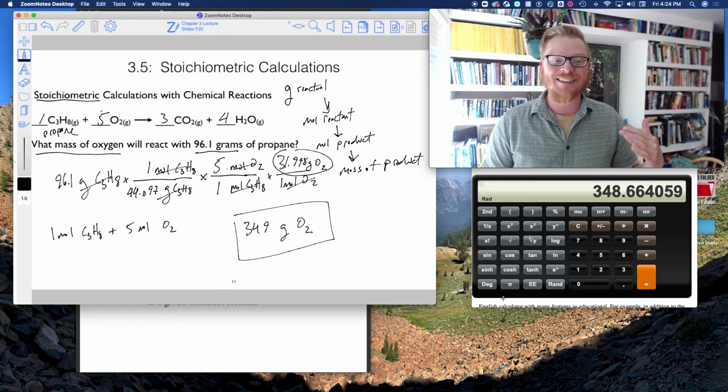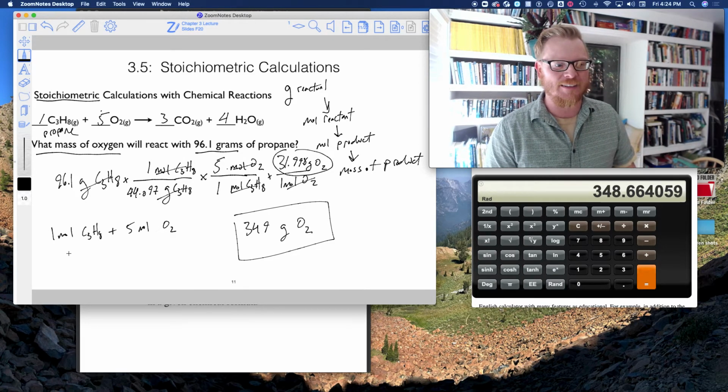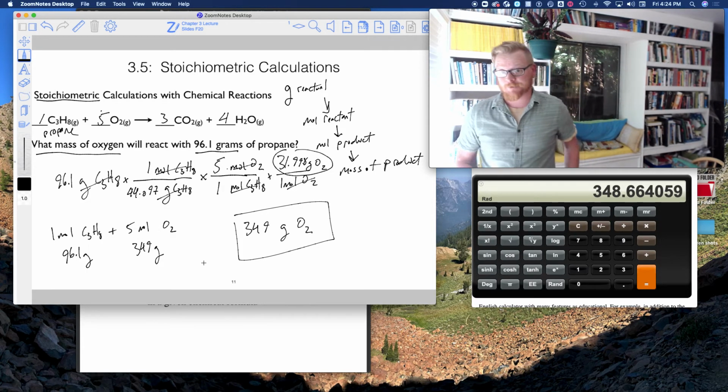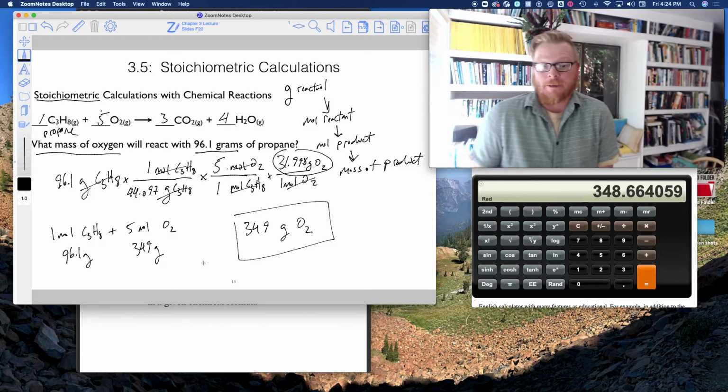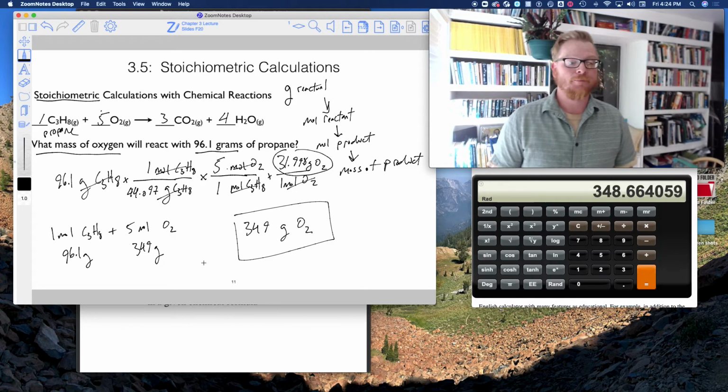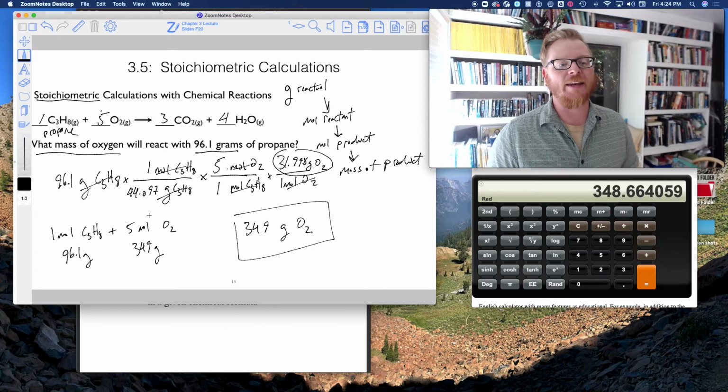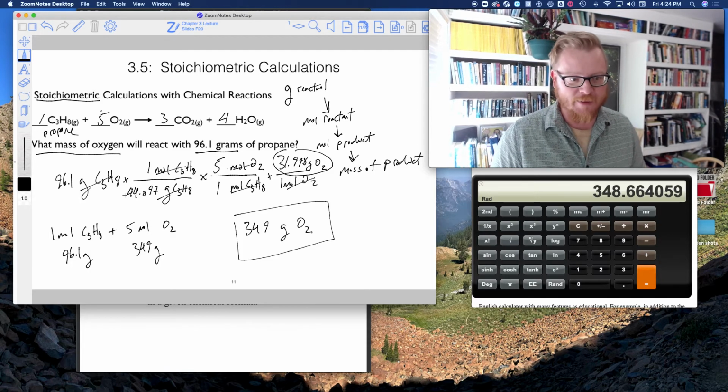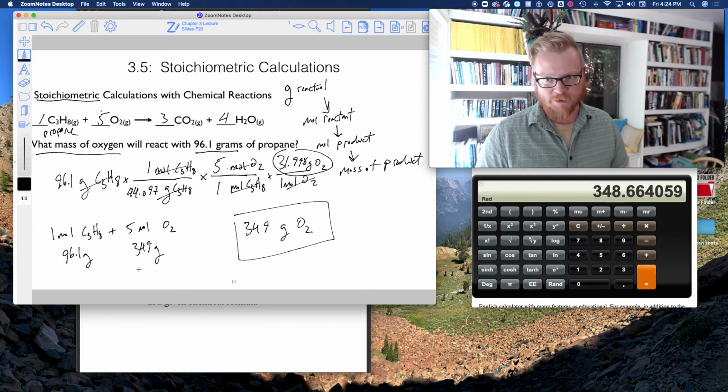Well, now that's the exact same thing as saying 96.1 grams of this will react with exactly 349 grams of this. Okay? That's all that we did. We just said if 1 mole of propane needs 5 moles of oxygen, that's the same thing as saying 96.1 grams of propane needs 349 grams of oxygen.